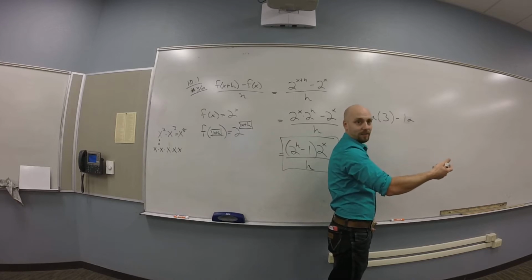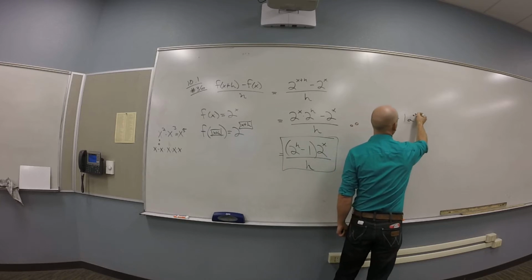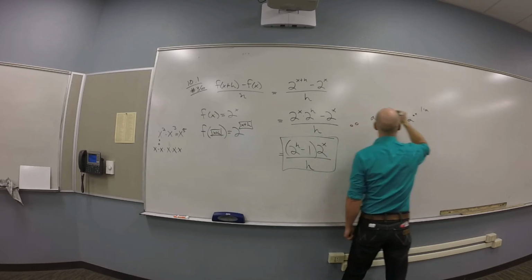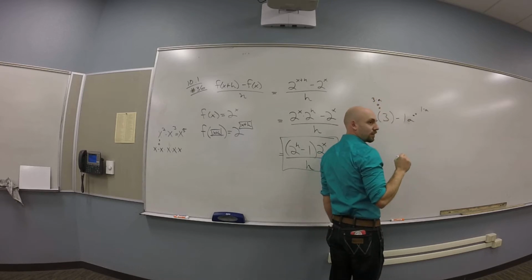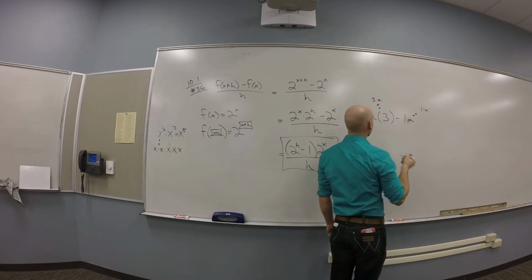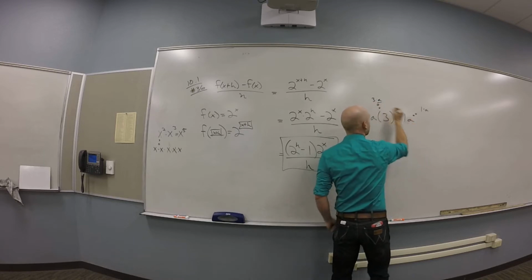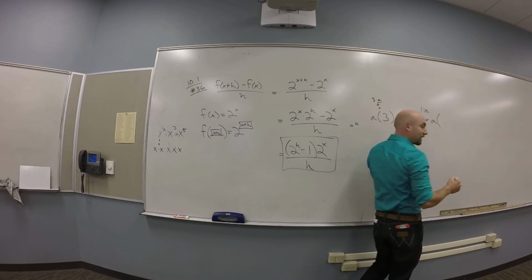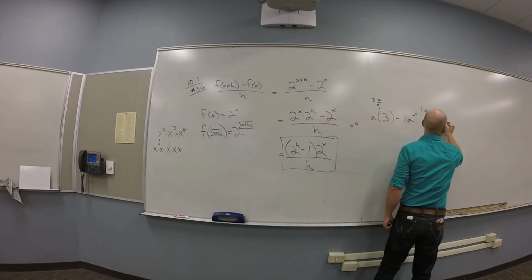Another way to think about that is, this guy's 1 times a, this guy's 3 times a. What do they have in common? The 1 and the 3 aren't common, but the a's are. So I could say that's a times 3 minus 1.